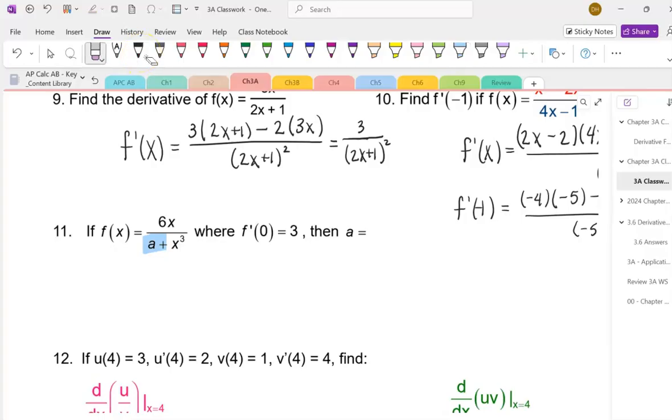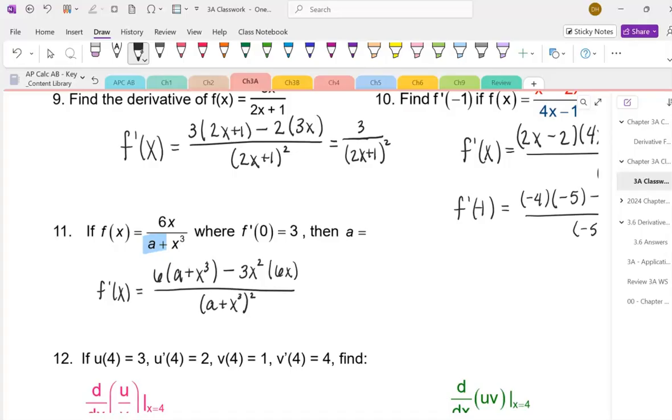So you're going to have to use quotient rule, f prime of x, and you're going to take the derivative of the numerator, which is 6, multiplied by the denominator, a plus x cubed, minus the derivative of the denominator. A is a constant. It represents a number. So when you take the derivative of a plus x cubed, you're going to get 3x squared, and then multiplied by the numerator. All over your denominator, which is a plus x cubed squared.